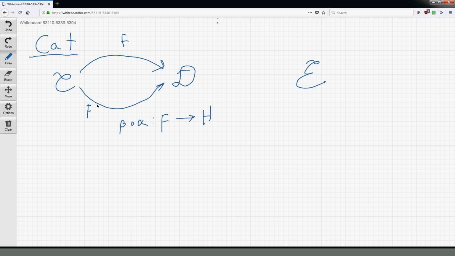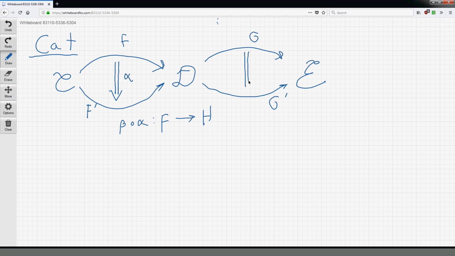This one's F prime. We'll have this one be G, and this one be G prime. And we have a natural transformation in the functor category D to the C. Call that alpha.